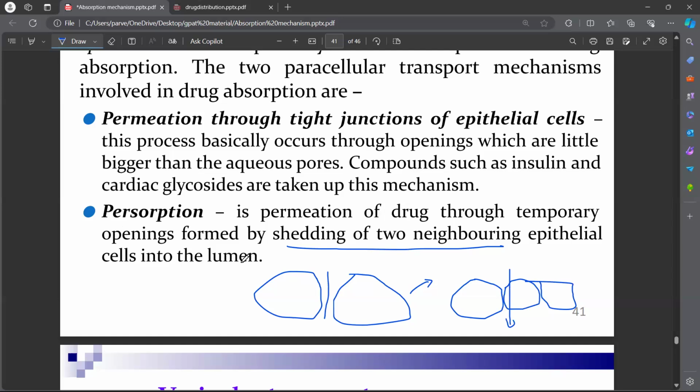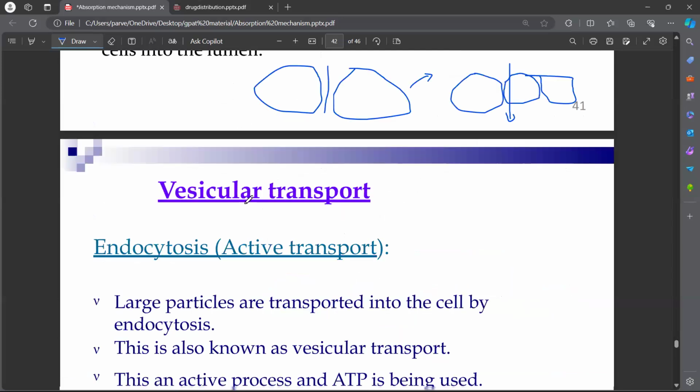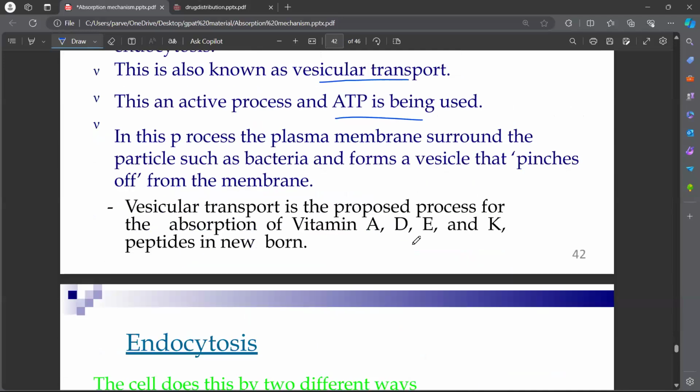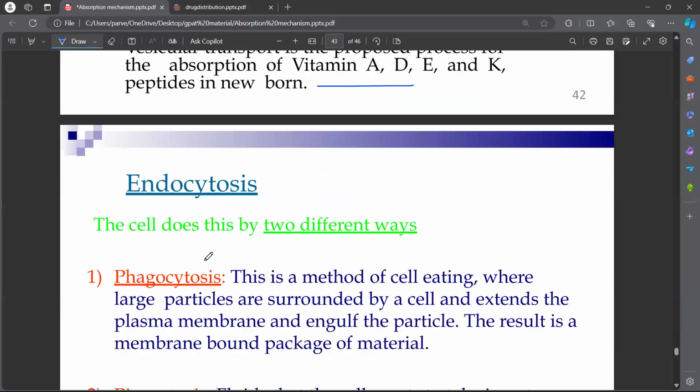Next, vesicular transport, which comes under the category of active transport. Large particles are transported into the cell by endocytosis, also known as vesicular transport. ATP is required. Generally, it is used for the absorption of vitamins A, D, K and peptides in newborns. Endocytosis occurs in two ways: pinocytosis and phagocytosis.